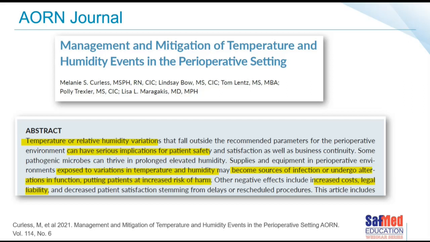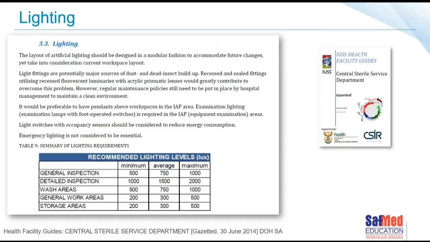Other negative effects include increased costs, of course, and legal liability associated with this, and potential decreased patient satisfaction or delays or rescheduling issues. Temperature and humidity, an important concept in the sterile storage area and in the operating rooms as a whole.